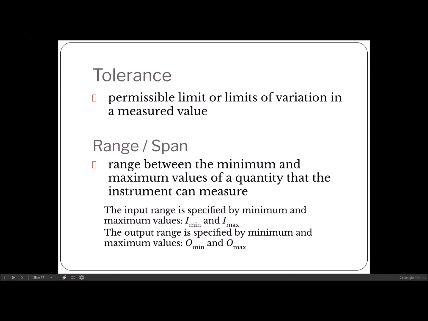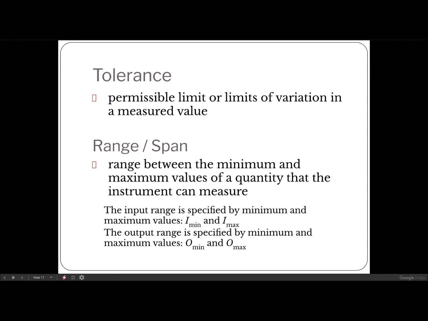A normal ruler has a small scale of 1 millimeter, but sometimes when you are measuring the length of something with this ruler, let's say the length is 1 centimeter, on one occasion you measure 1.05, sometimes it's 1.1, or sometimes it's 0.95. So there is a permissible limit of around 0.1 millimeter, right?